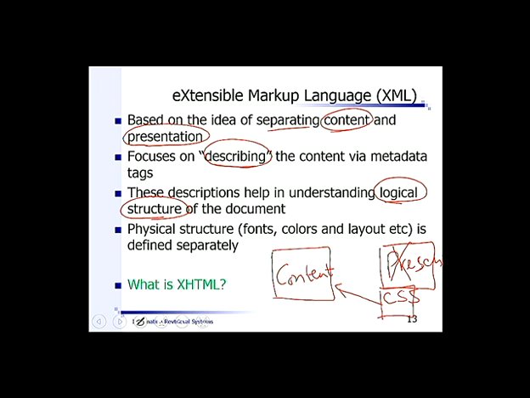And the physical structure, how it is rendered, the presentation, it is like the font, the color, layout, etc. It is defined separately. Like here in cascading style sheets, you can define your own presentation and you can change it whenever you like without having to need to touch the content, right?